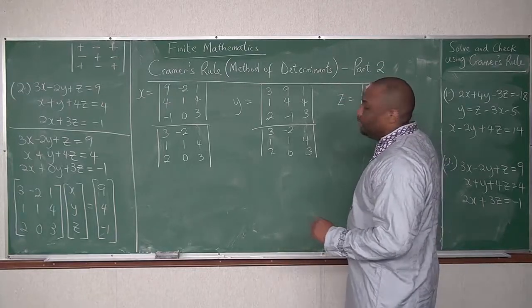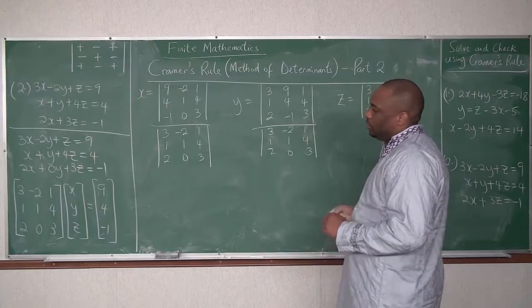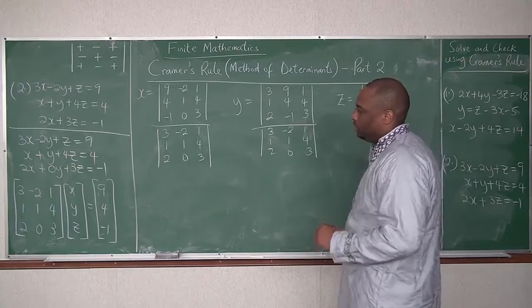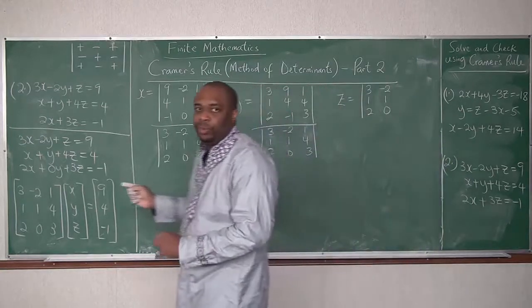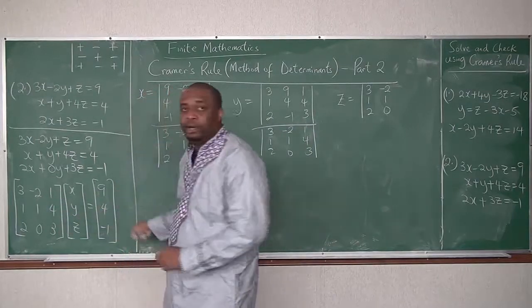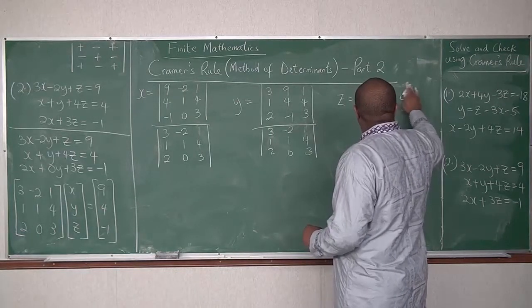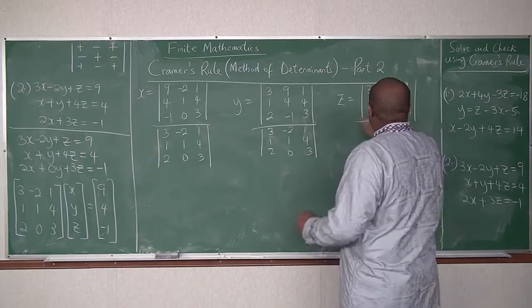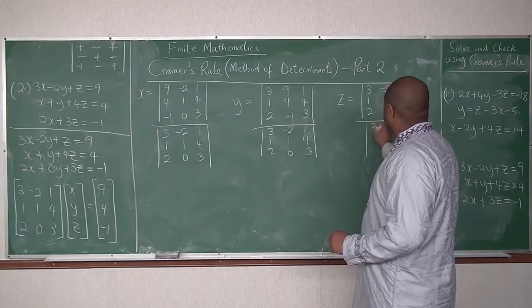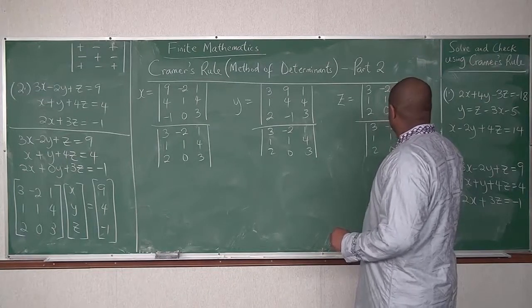We write the column of the coefficients of x, 3, 1, 2. We write that of y, -2, 1, 0. Then we replace the column of the coefficients of z with the column of the constants, 9, 4, -1. All over the determinant 3, 1, 2, -2, 1, 0, 1, 4, 3.